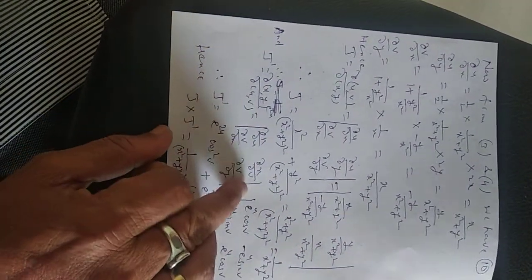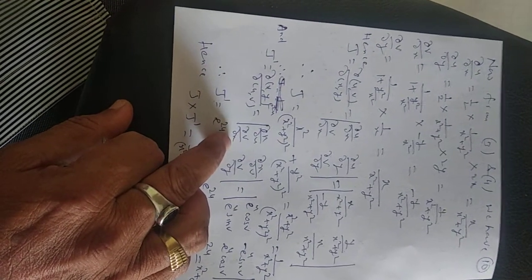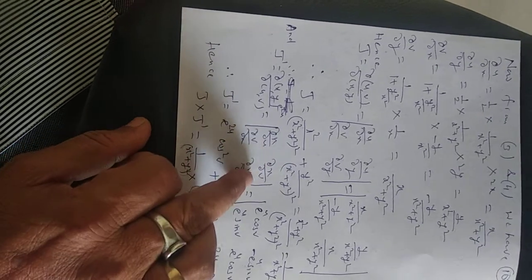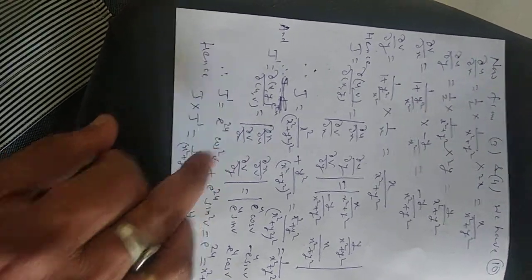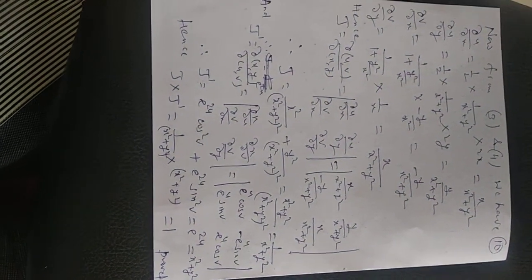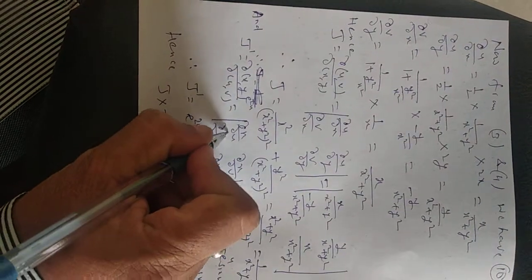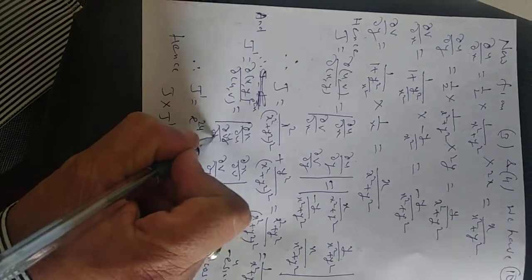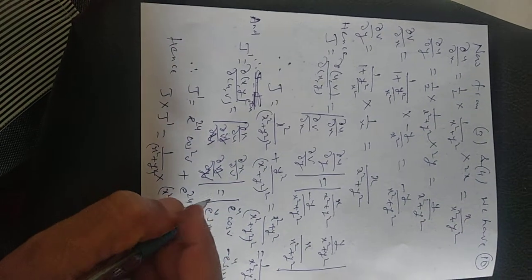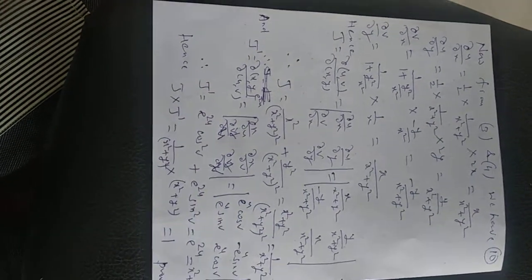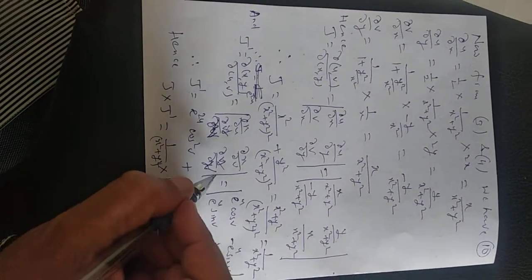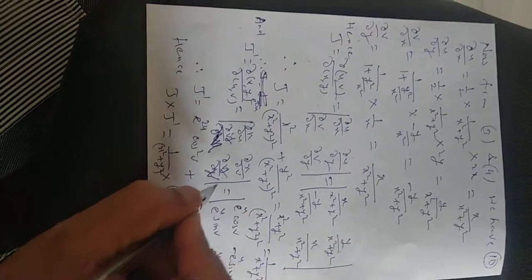So J dash is the determinant of ∂x/∂u, ∂x/∂v, ∂y/∂u and ∂y/∂v.